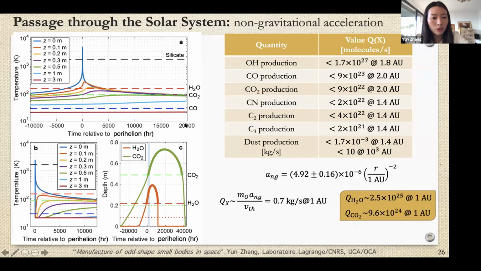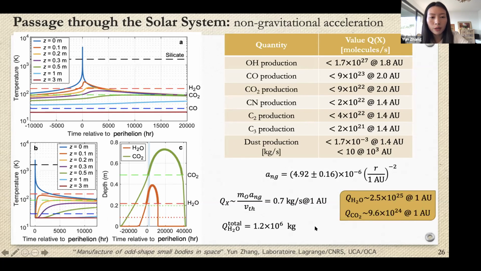The observation span of Oumuamua is indicated by this light blue region. We can see that plenty of residual water and CO2 ice can commence sublimation during the observational span. But since the CO2 is buried deeper, its sublimation may be delayed and cannot be observed during this observation span.